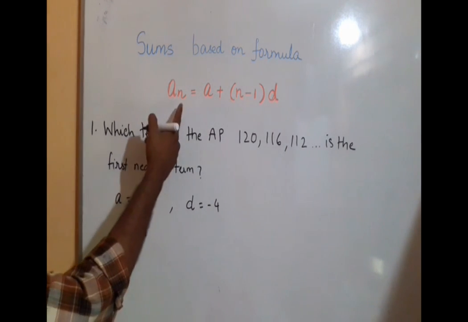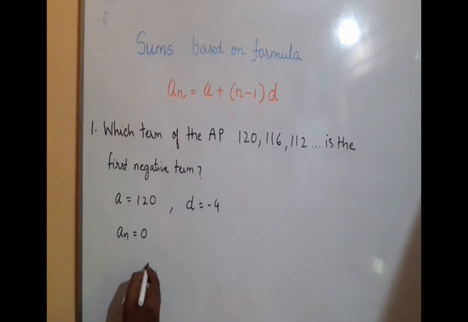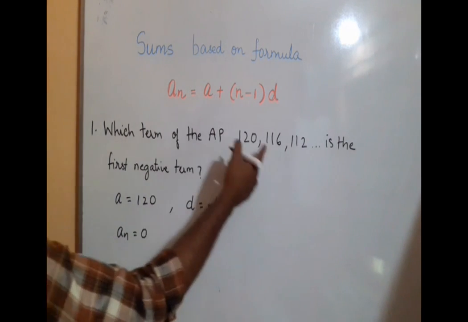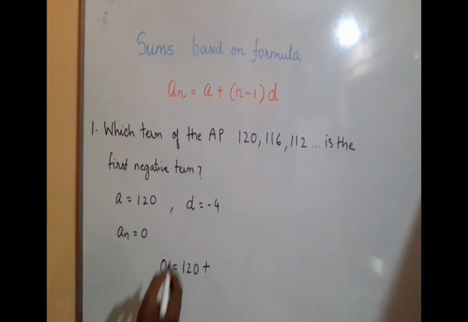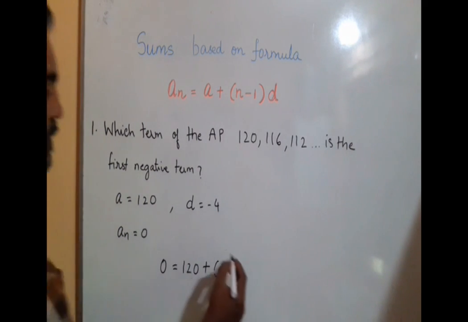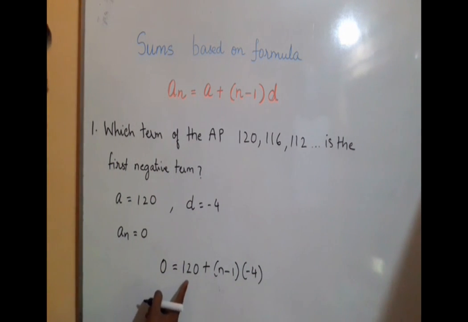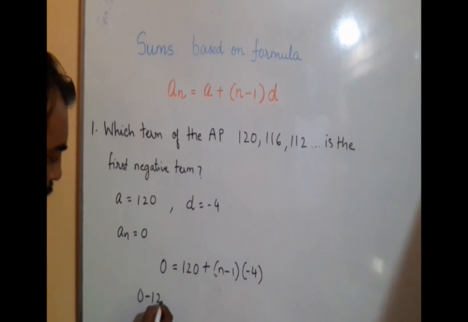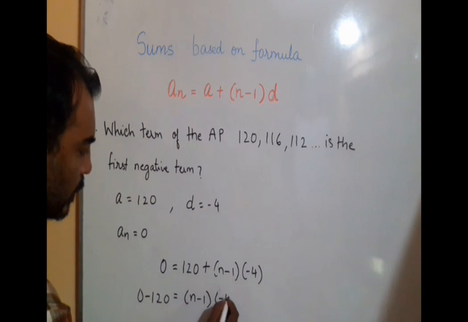Using the formula an equals a plus n minus 1 d, we get an, that is 0, equals a, that is 120, plus n minus 1, and the common difference d is minus 4. 120 moves to the left side, so it becomes 0 minus 120 equals n minus 1 into minus 4.